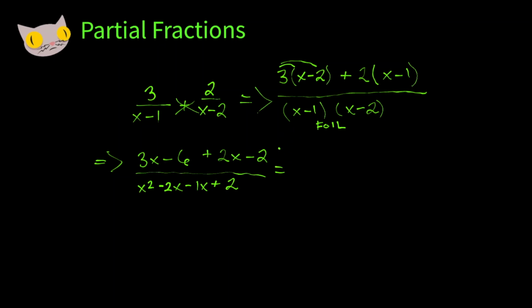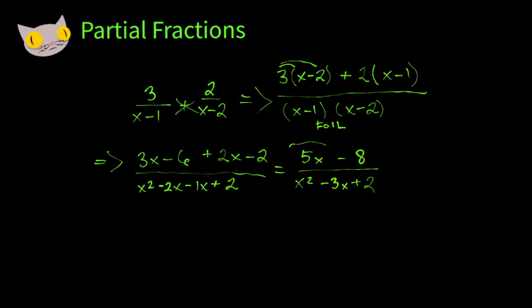So we have 3x plus 2x, that's 5x. And then negative 6 minus 2, that's going to be negative 8. And then down here, combine like terms: x squared, negative 2x minus 1x, negative 3x plus 2.